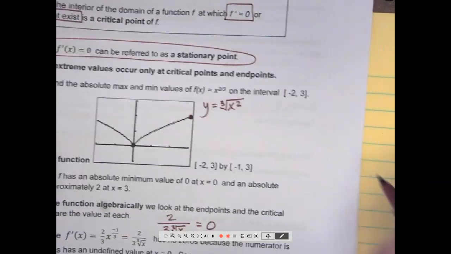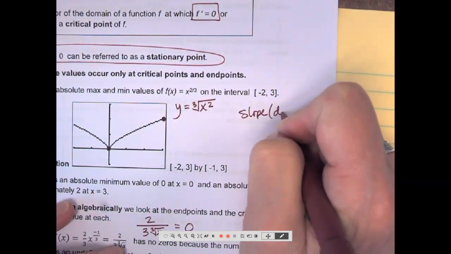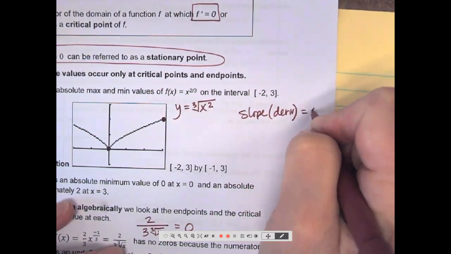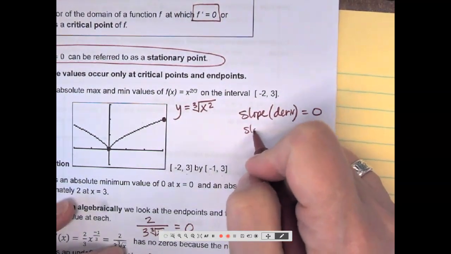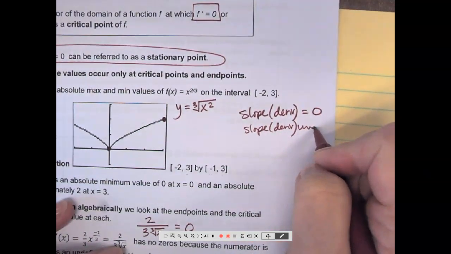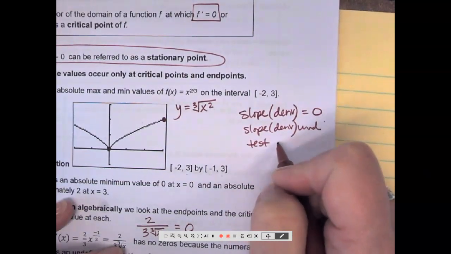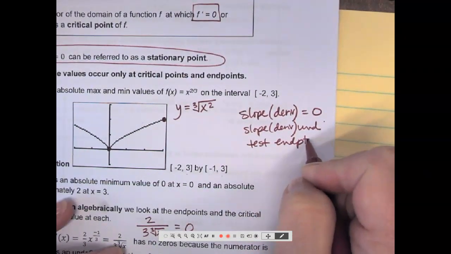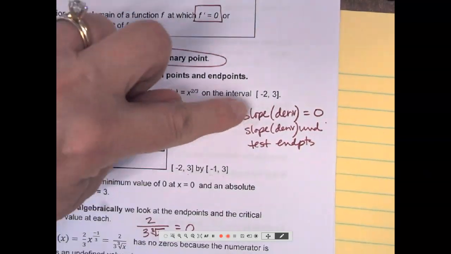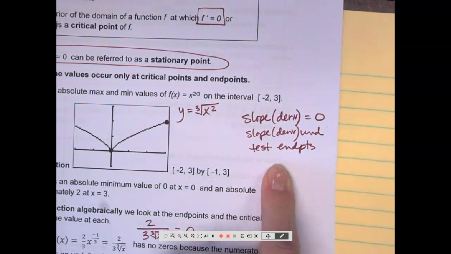We're going to check where the slope or derivative is 0, where the slope or derivative is undefined, and then test the endpoints, because they will not show up on these radars, so we just have to test those to make sure.